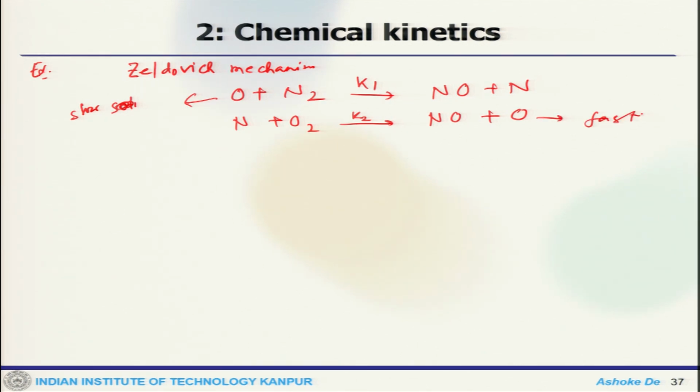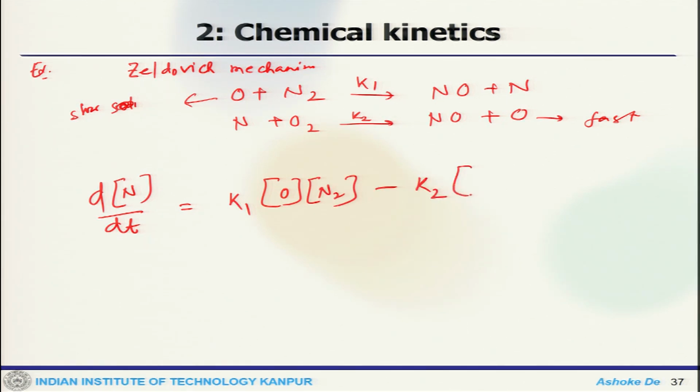Now, if one has to look at the net production rate of N atoms, this will be d[N]/dt equals K1 [O][N2] minus K2 [N][O2]. So, this is what you get.